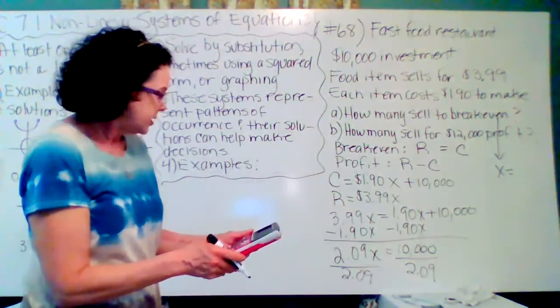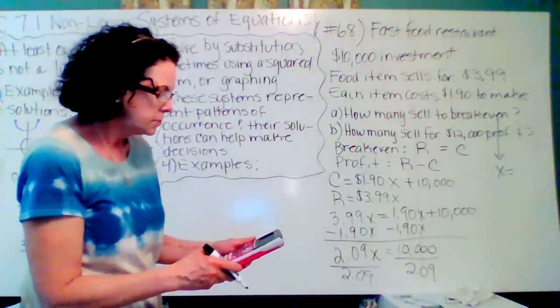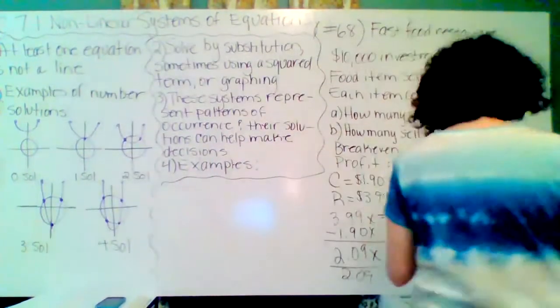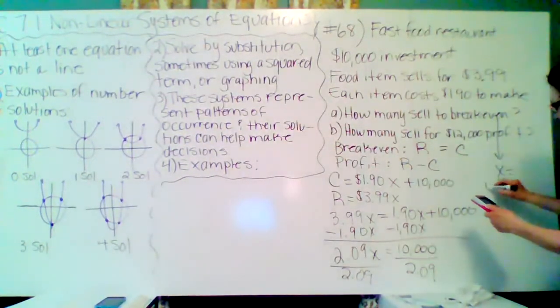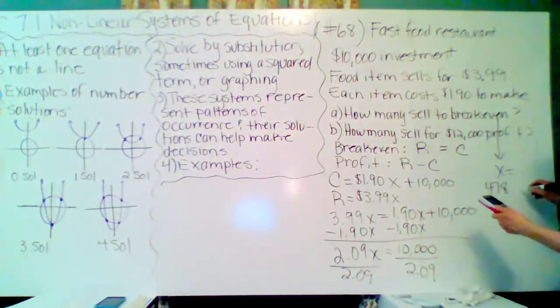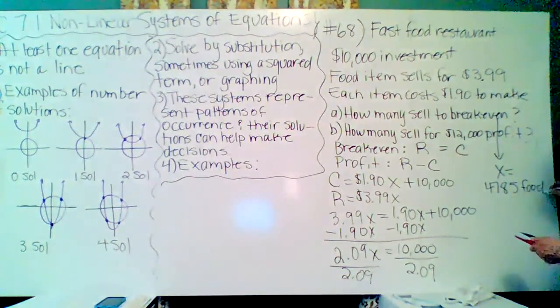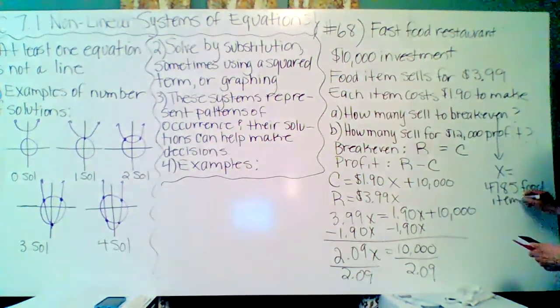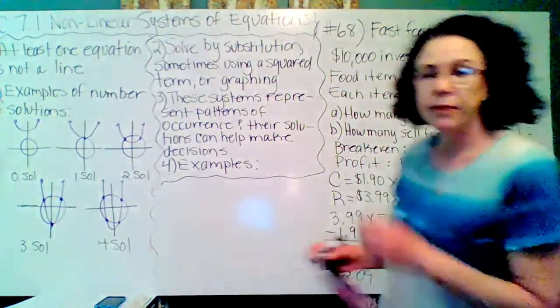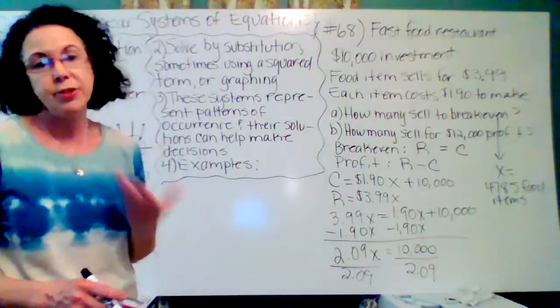So 10,000 divided by 2.09, you have to sell 4,784.6. So that would be 4,785 food items. You would do some research and see if you believe that you can sell that many food items. If not, then you wouldn't do this.